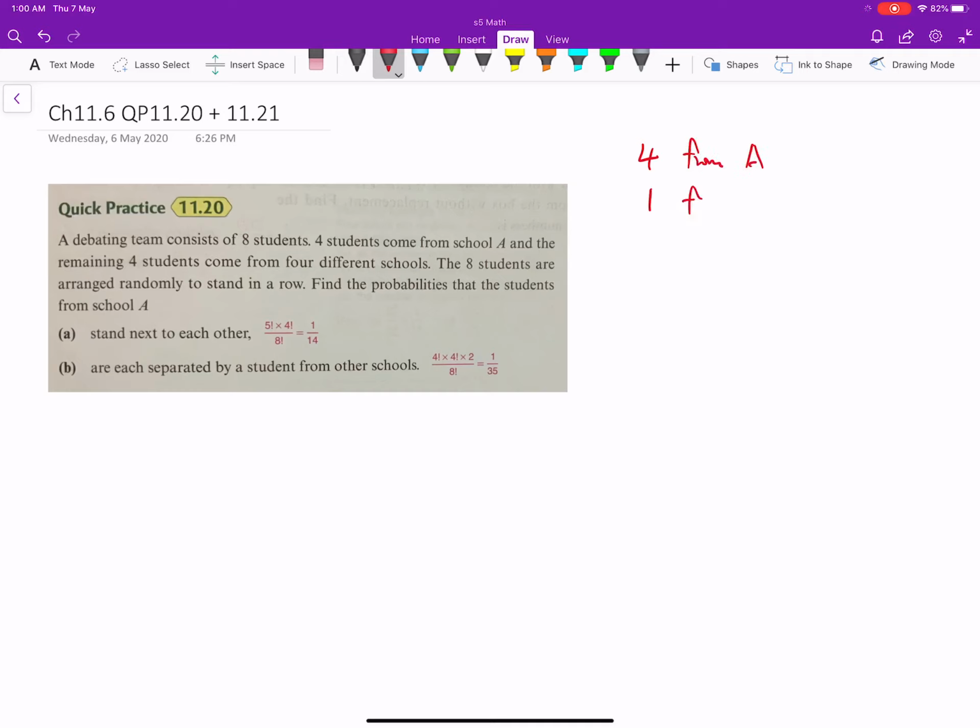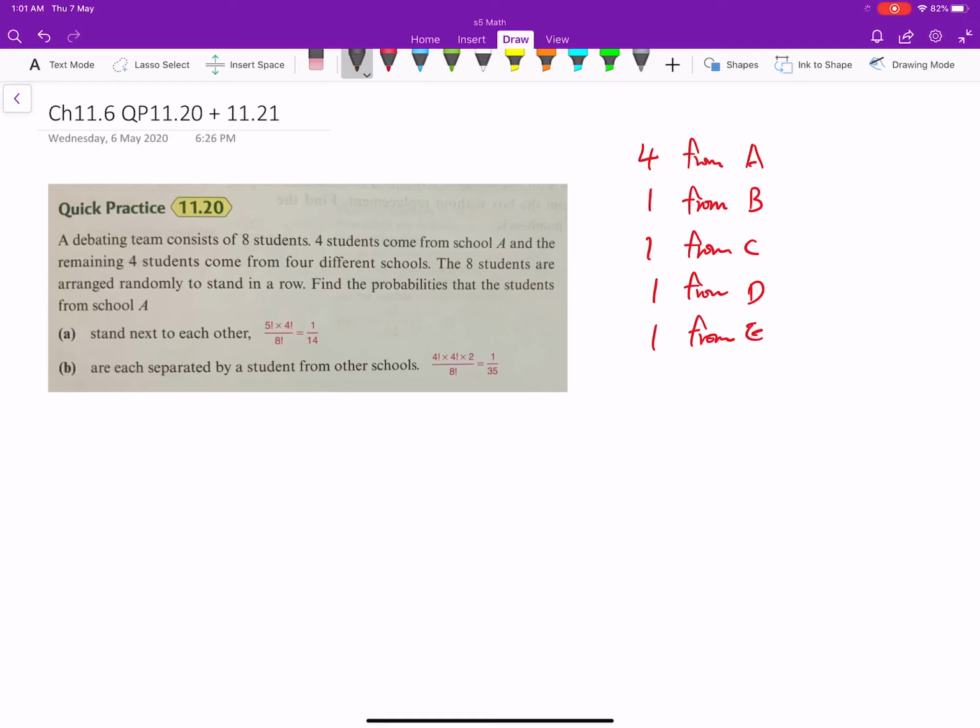So maybe we can use B, C, D, E to represent. So one from B, one from C, one from D, and one from E. Okay. So now 8 students are arranged randomly to stand in a row. Find the probabilities that the students from school A stand next to each other.